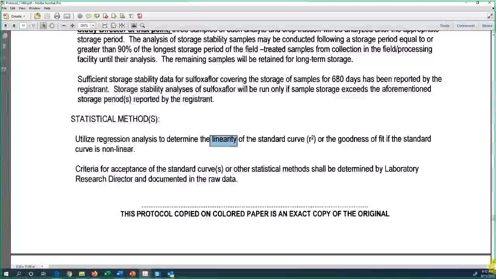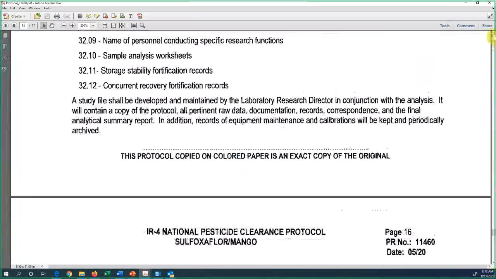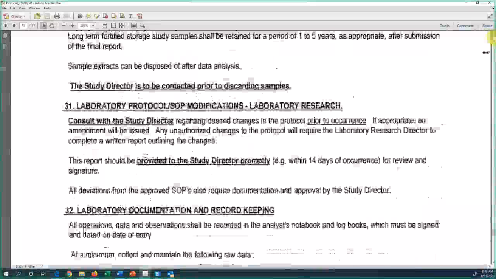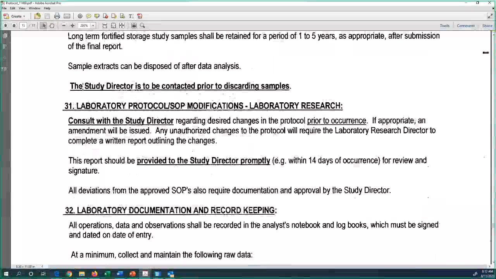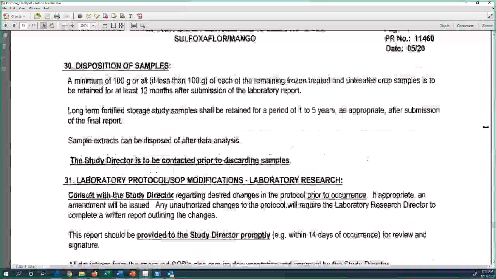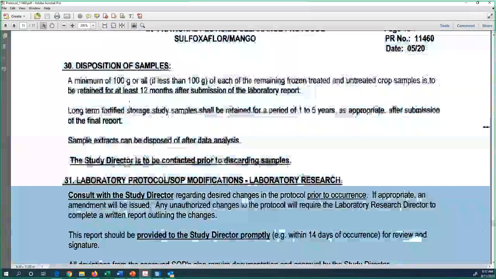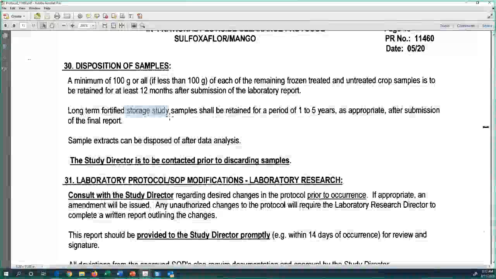Okay, then we keep going down. Then again, we talk about how long you need to keep the samples. Here it says for storage samples, assess the sample here.